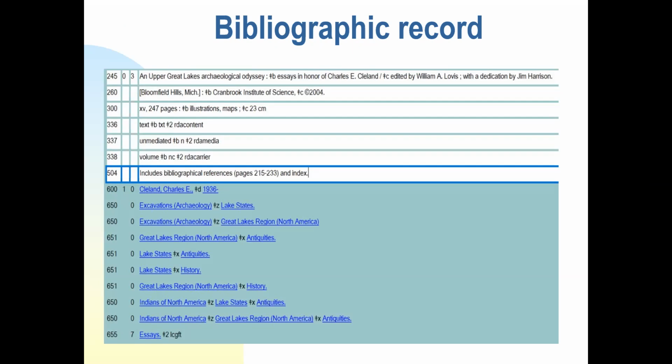So remember, if you have a subdivision, a place goes in a subfield Z, a general topical subdivision goes in an X, and a time period would go in a subfield Y, but I don't see one of those here. And then we also even have a form heading. This is essays.